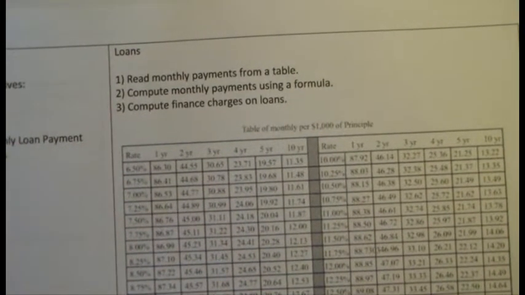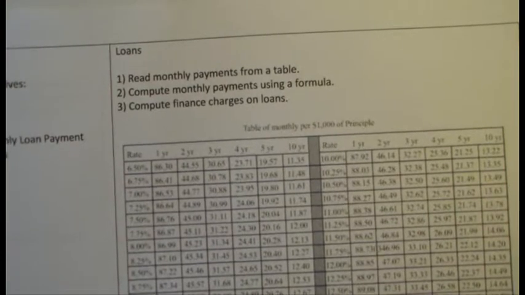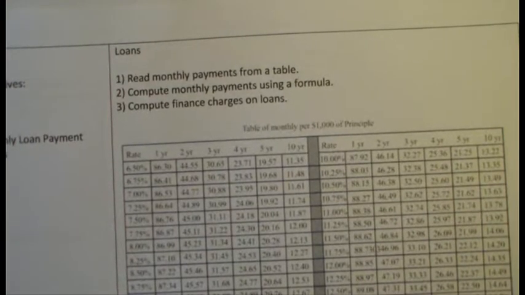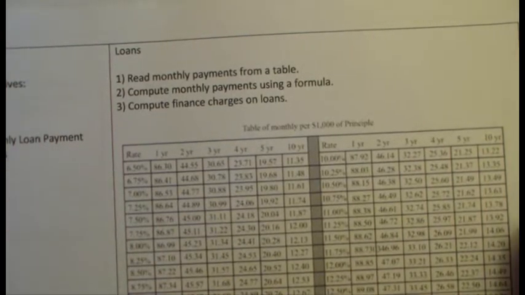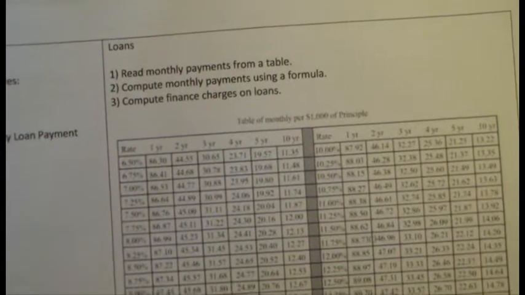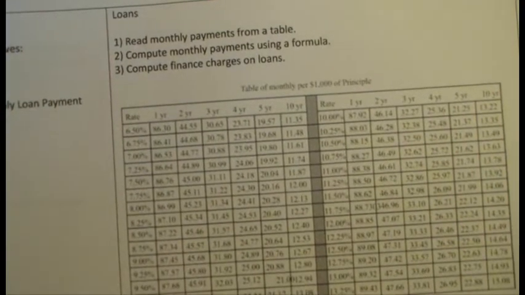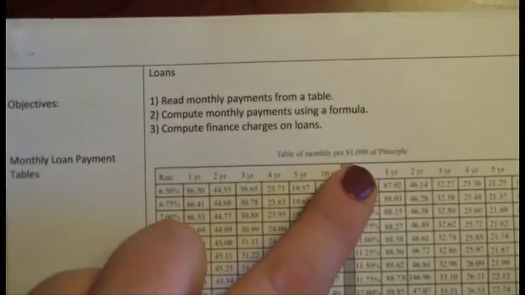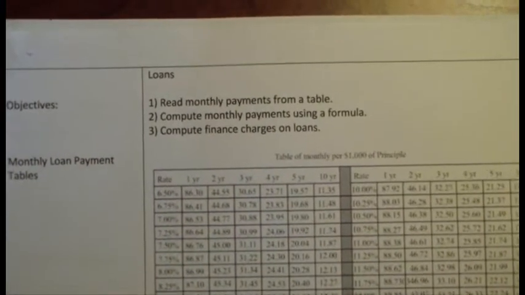So for example, if you are looking for the monthly payment on a $17,000 loan, you would figure out the monthly payment for $1,000 and then multiply it by 17. Hopefully that makes sense.